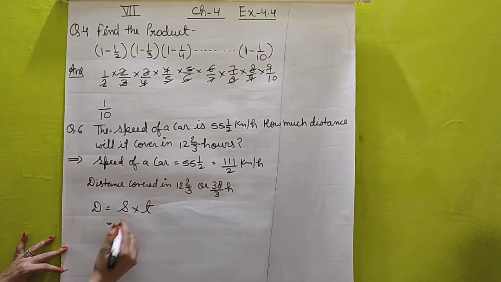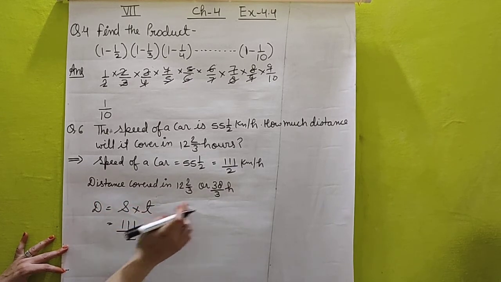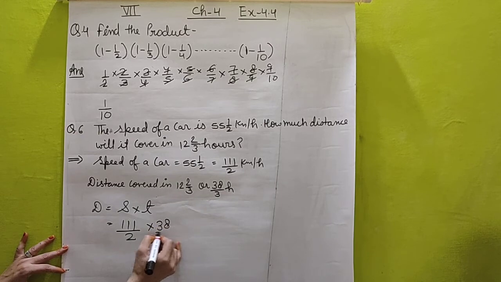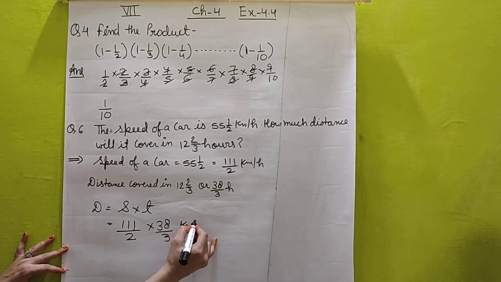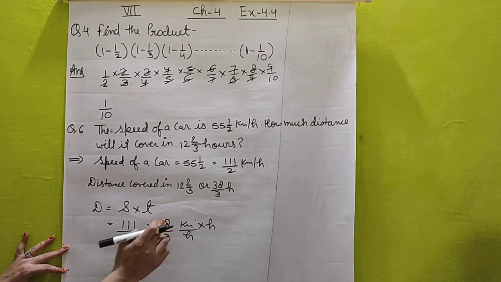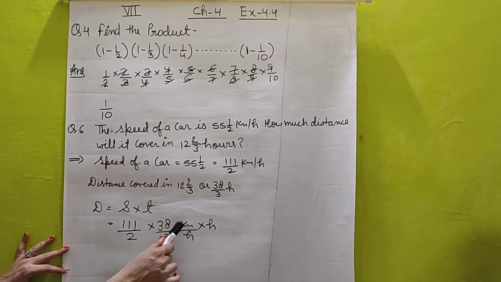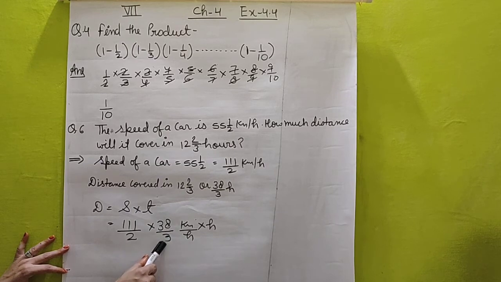Speed is given, 111 upon 2, multiplied by time. Time is 38 upon 3 hours. Here kilometer per hour is given for speed, and hours will come for time: 111 upon 2 kilometer per hour, 38 upon 3 hours.